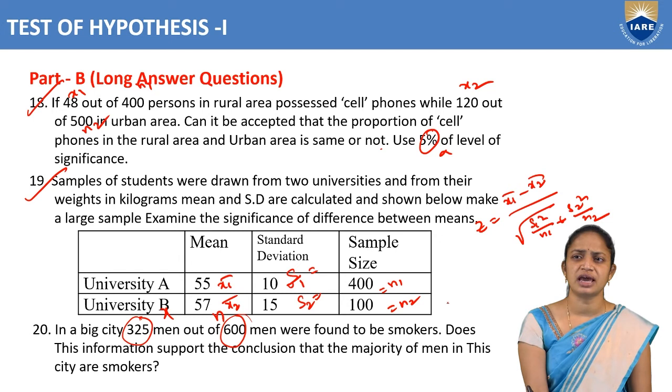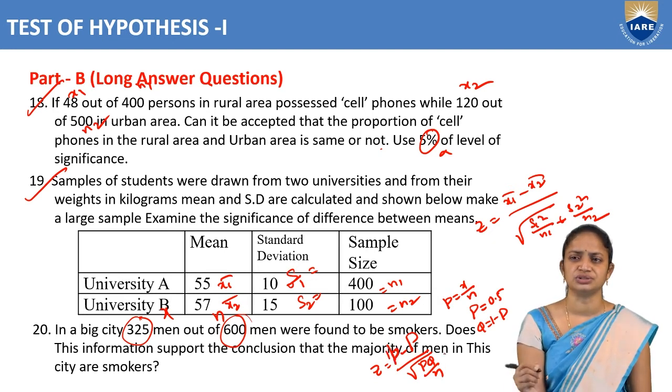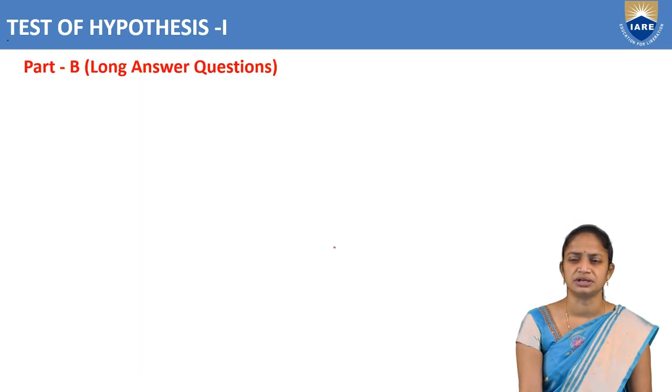So here they have given small p value, that is X by N, and capital P here we have to take 0.5 and Q is nothing but 1 minus P, and the formula is Z equal to small p minus capital P divided by under root of capital PQ by N. So this is our formula. Okay, so N value is these 600.